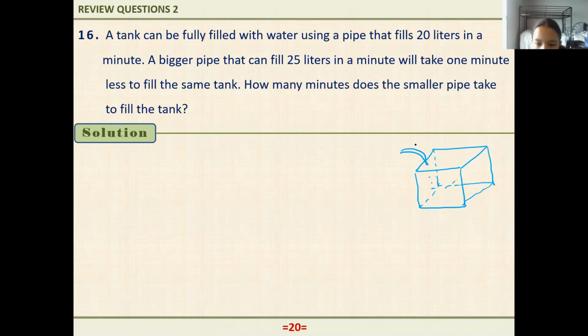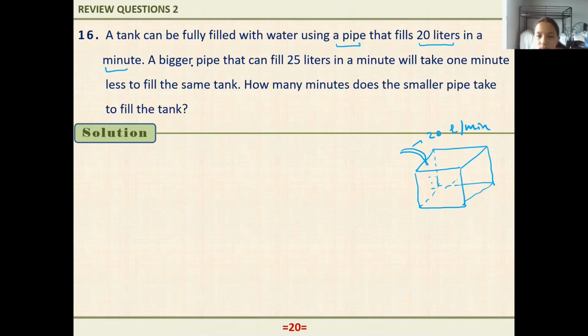And it says that this pipe's rate is 20 liters per minute. That means that every minute, the water coming out from this pipe is 20 liters, okay?